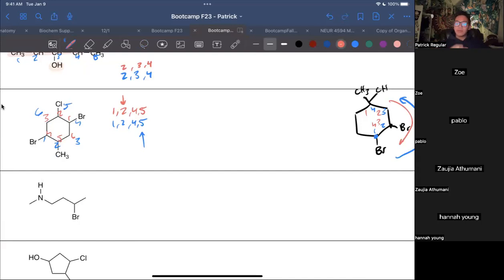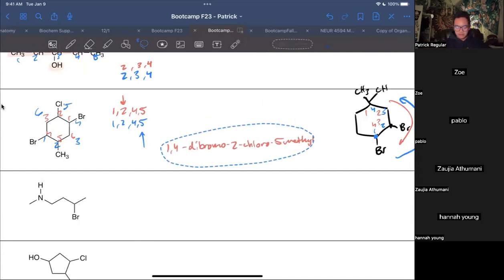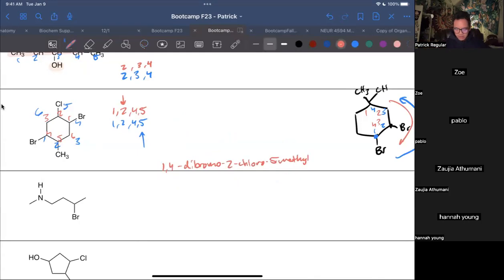A little beyond what we taught you, but it's that concept we're trying to ingrain for alphabetical being a tiebreaker. So we would number it as 1,4-dibromo, 2-chloro, 5-methyl.